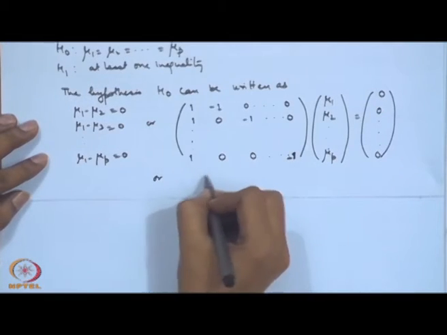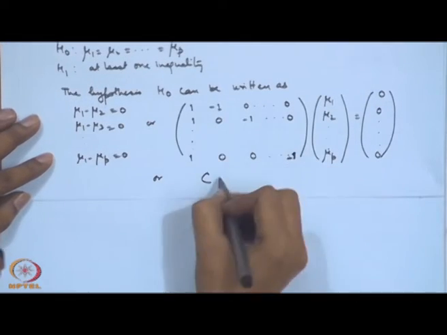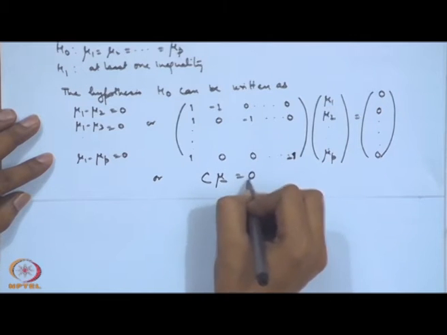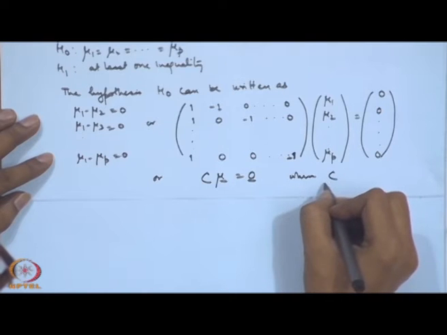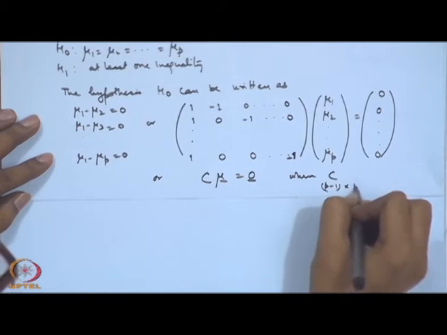This is, we can consider it as some C matrix multiplied by mu is equal to null, where C is actually a p minus 1 by p matrix.